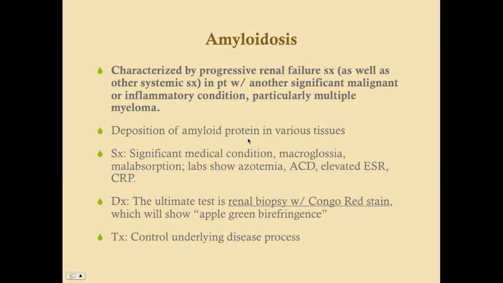They'll say that this patient has renal symptoms, they've also got multiple myeloma, or they also have Crohn's disease, and now they've got this renal failure. You get a renal biopsy and you see apple green birefringence. What is it? It's amyloidosis. And the way we treat this is by treating the underlying disease process. There's really nothing else we can do other than treating the inflammation.